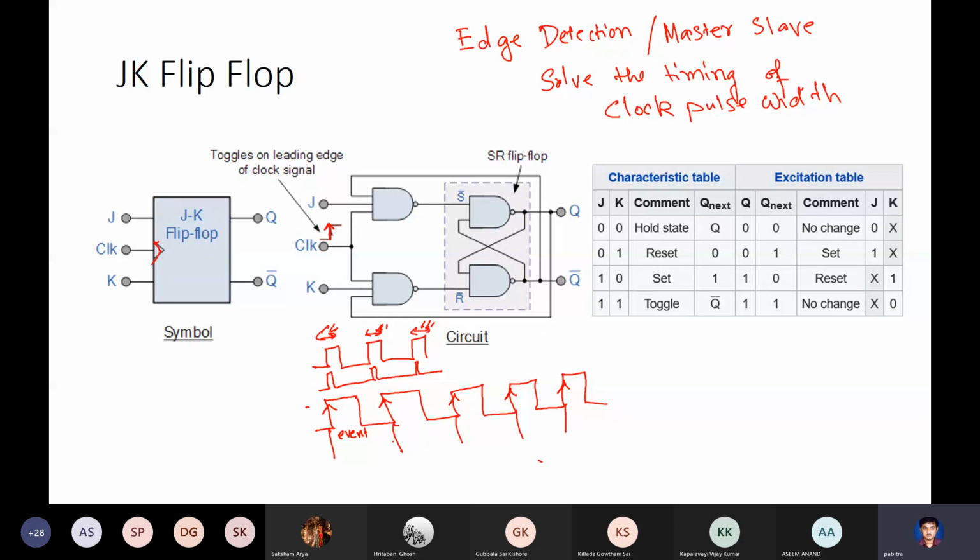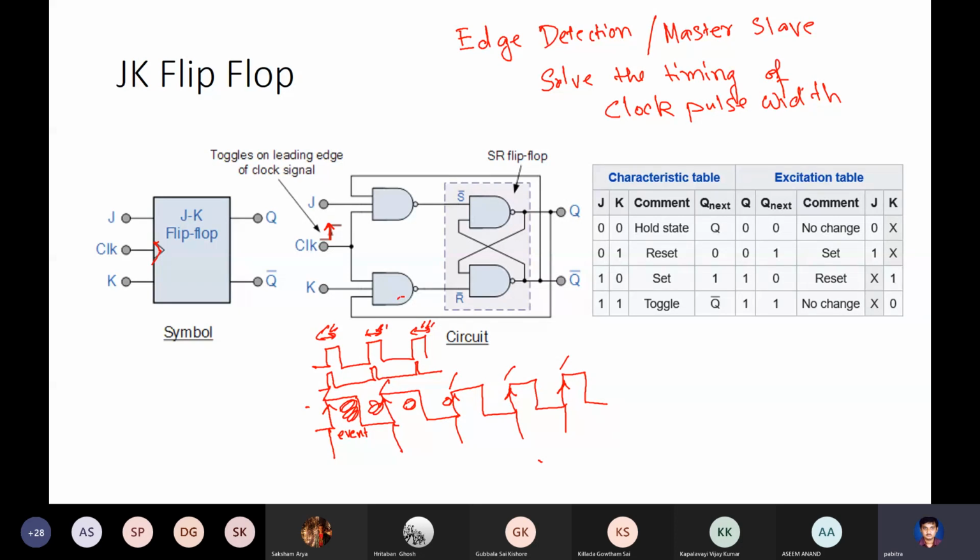What is the value of this input j and k? At the instant of time where this up edge event happens, they will also be considered. So it really doesn't matter what happens to the value of j and k here or here or here or here. Only the value sharply at these points matter.